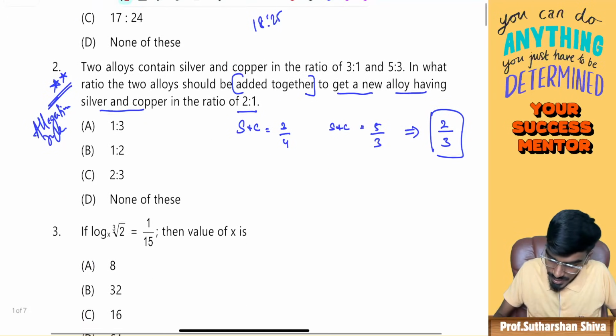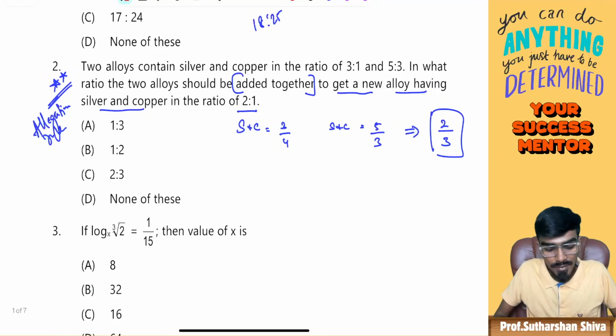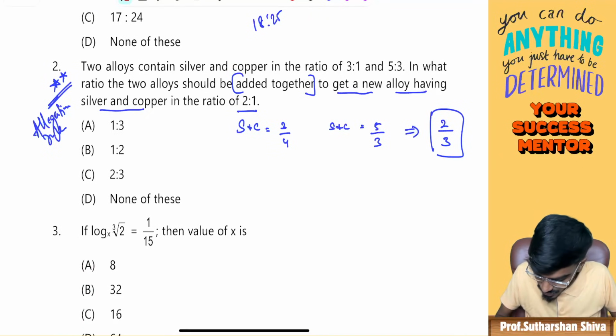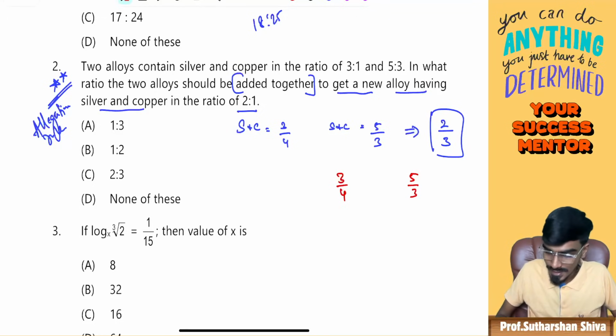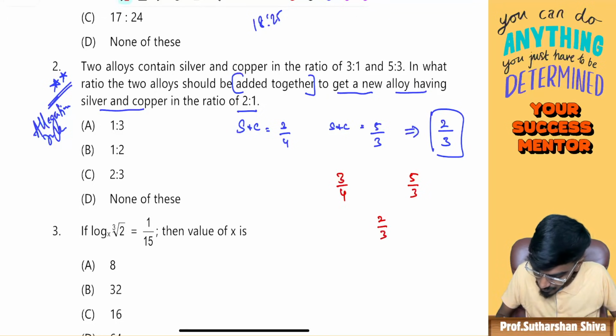Now we will apply the rule of mixtures and alligation. We write 3 by 4 and 5 by 3 over here. In the center, we write the requirement value.